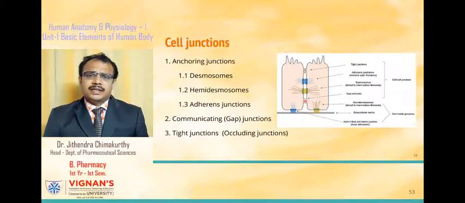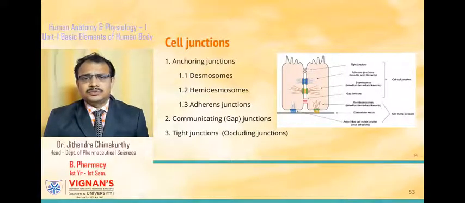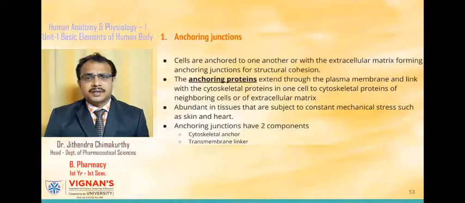These anchoring junctions are abundant in those regions where the tissues undergo constant wear and tear, such as the skin and heart. The anchoring junctions consist of two main components.